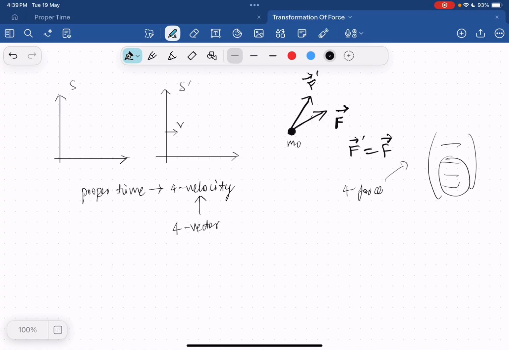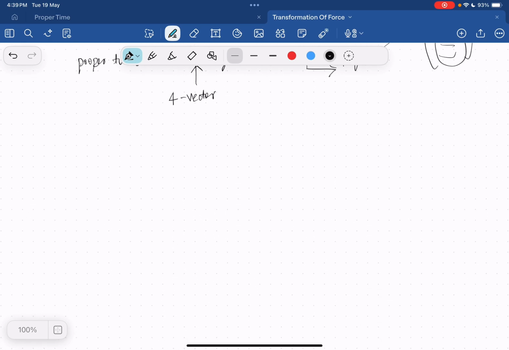So we need to understand what a four vector is. Then we need to understand four momentum. Then from momentum comes the idea of four force. So let's go in this chronology, first starting with proper time.